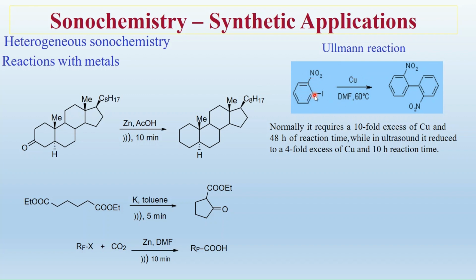When 1 mole of iodonitrobenzene is used, we have to use 10 moles of copper. And the time taken for the reaction to complete was 48 hours. When it was carried out under ultrasonication, the reaction time reduced from 48 hours to 10 hours, and at the same time, the utilization of copper catalyst, which was 1 is to 10 ratio, has been reduced to 1 is to 4 ratio.